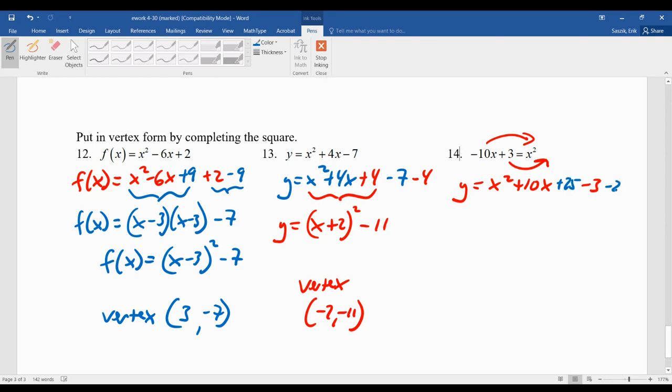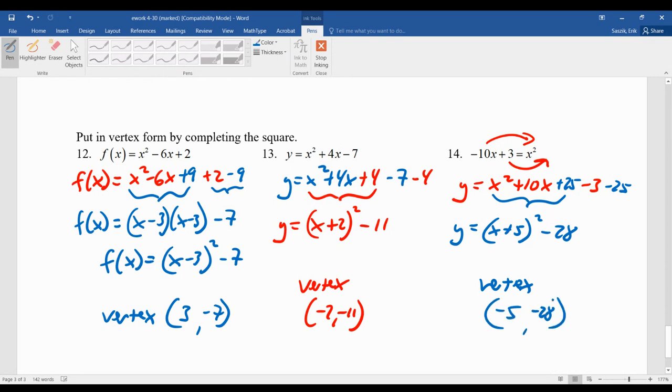Square it. Keep it balanced. So I get x plus 5 squared minus 28. The vertex would be -5, -28.